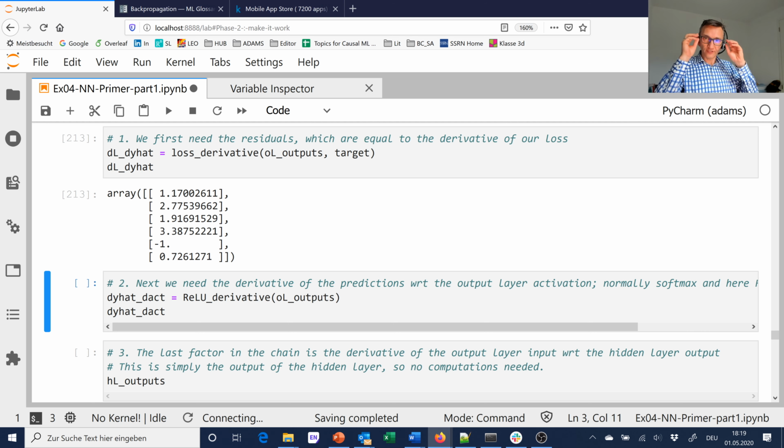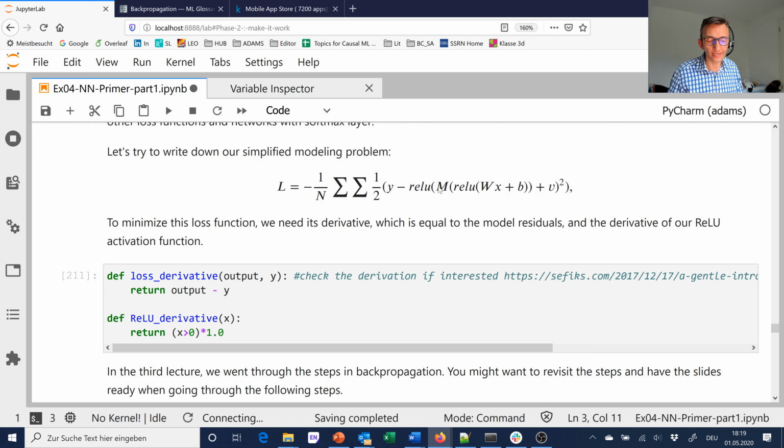Our forecast was calculated as the ReLU activation of the output layer input. That is how we calculate y hat. Let me go back to the equation. Here's the squared error loss, y minus y hat, and y hat we calculate as the ReLU function of our output layer input. In the backward path, I need the derivative of that as my next factor.